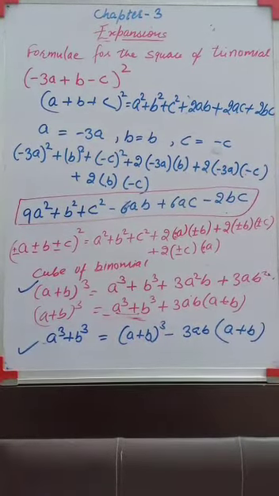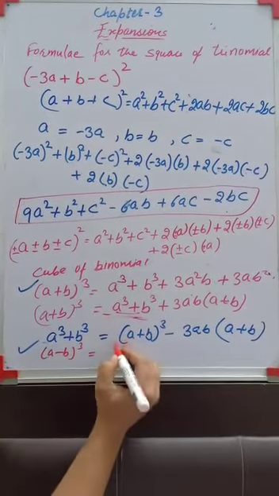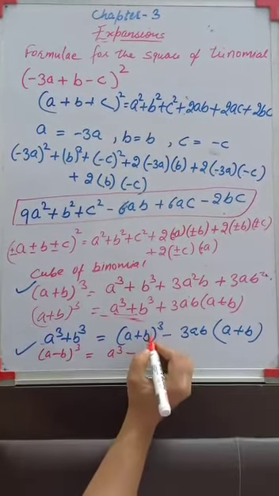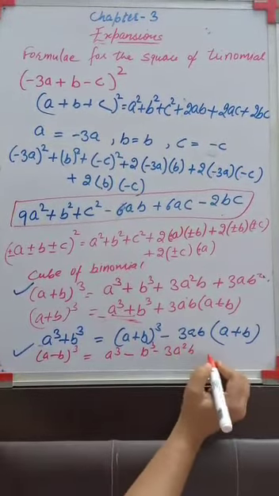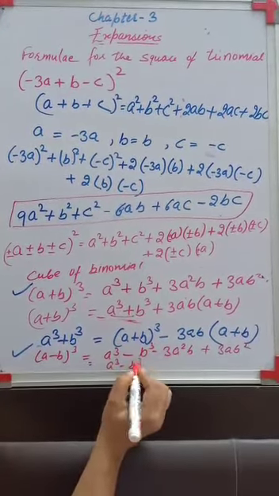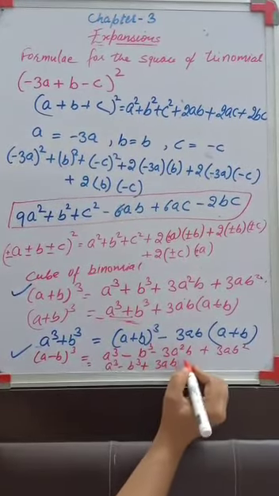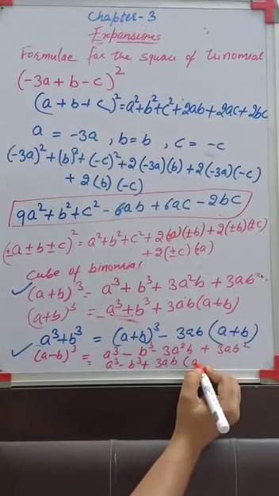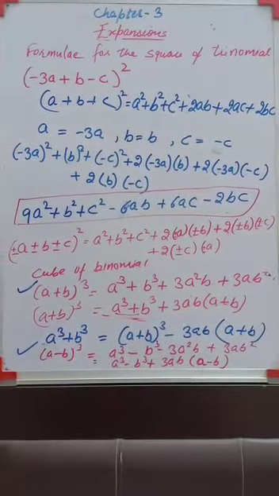Similarly, for a minus b whole cube, I have the formula: a cube minus b cube minus 3a square b plus 3ab square, and hence it becomes a cube minus b cube minus 3ab times (a minus b), right? So these are two identities.